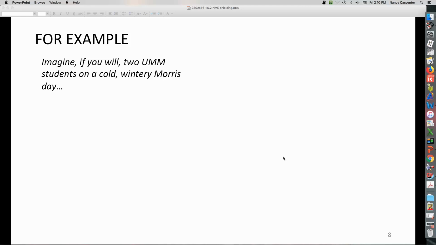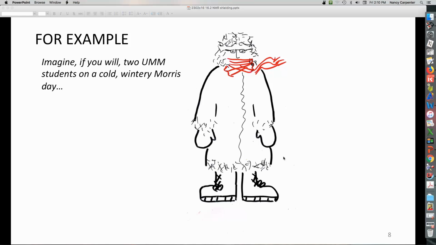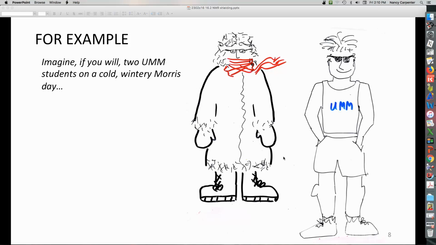Well, time for a bad analogy, but I hope it's a helpful one. It's cold. It's Minnesota. It's winter. So imagine two UMM students on, this one today, it happens to be 0 degrees. Here is UMM student dressed appropriately, and here is UMM student dressed maybe more typically, I don't know.